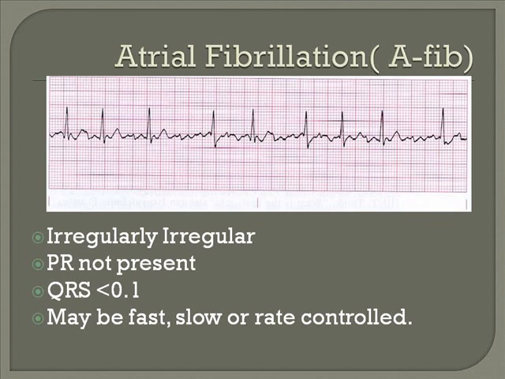It is the most common arrhythmia, and it is irregularly irregular. That is the main defining characteristic of it: there is no regularity from beat to beat. You cannot find any kind of rhythm, and if you happen to come across any kind of regularity in it, it's accidental. There's no good P wave to go on.